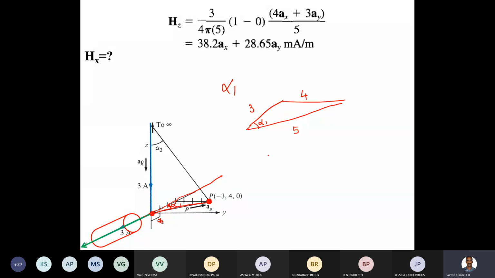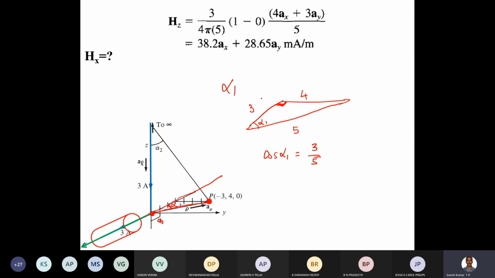You want cos alpha 1. What is cos alpha 1? You know this is a right angle, 90 degrees. It is 3 by 5. You need to be careful: first identify the right angle, because in some other cases the right angle may be on some other side.